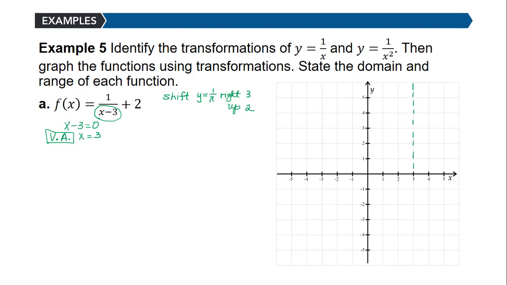And I'm drawing that on this coordinate system that I have on the screen. And I'll label that x equals 3. And then our horizontal asymptote was originally at y equals 0. I'm going to shift it right 3, which doesn't change it, but then up 2 will take it to the line y equals 2.